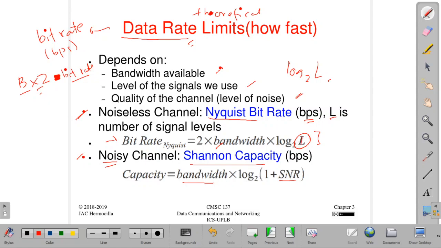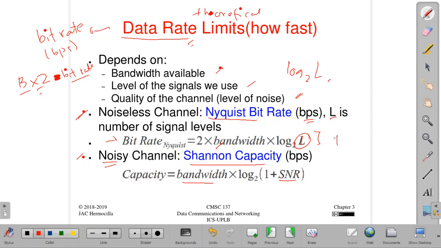The problem with increasing the number of levels is that it's difficult for the receiver to interpret the different levels. Unlike if you have binary only, ones and zeros, high or low, it's very easy for the receiver to interpret.